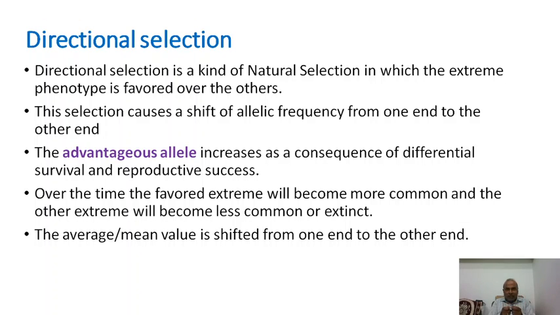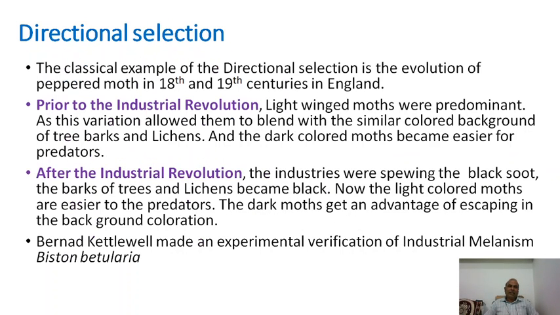The fit value in one particular environment is an advantage, but the same fit value may become a disadvantage in another environment when the environment changes. So as the fit value changes from one end to the other, the selection pattern will also change from one end to another. The average value of selection is changing from one end to the other.